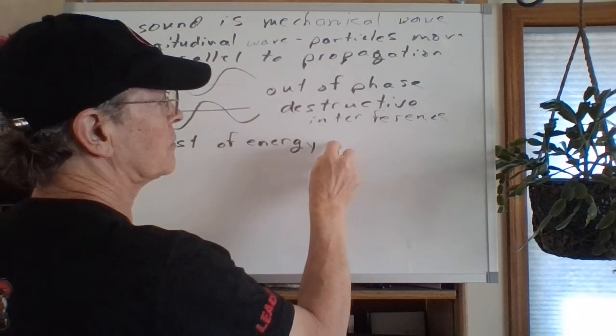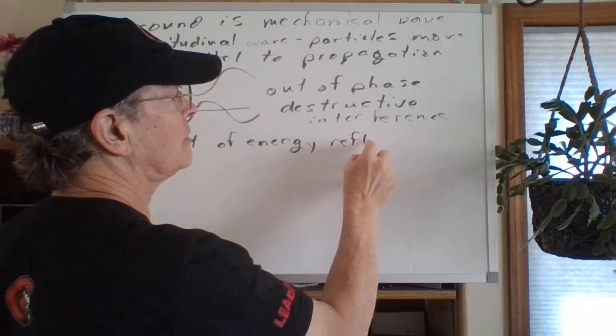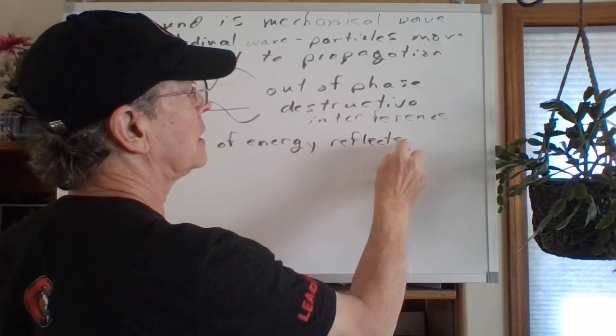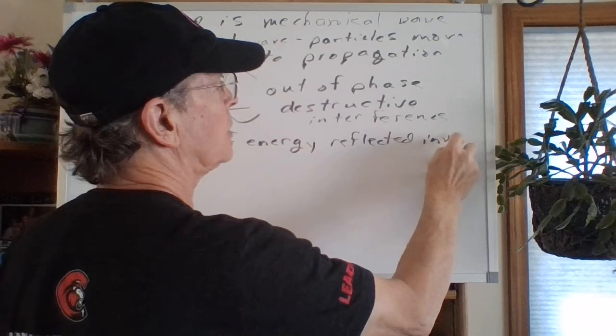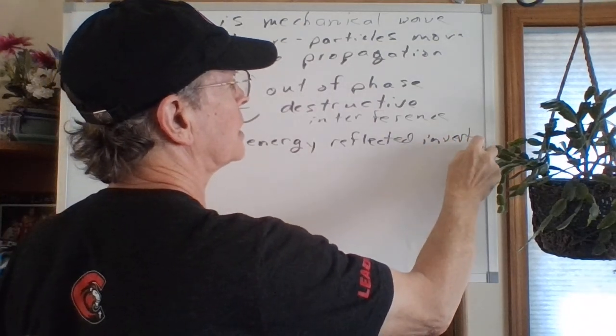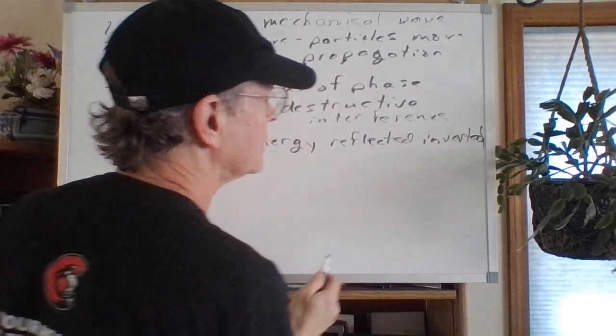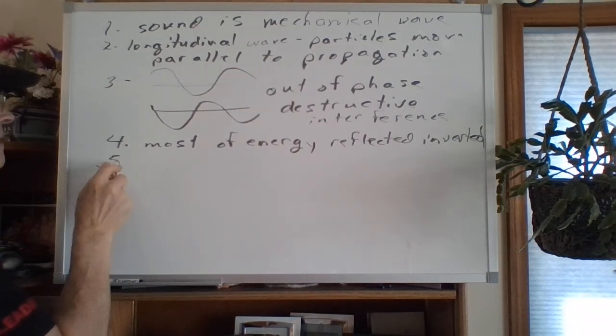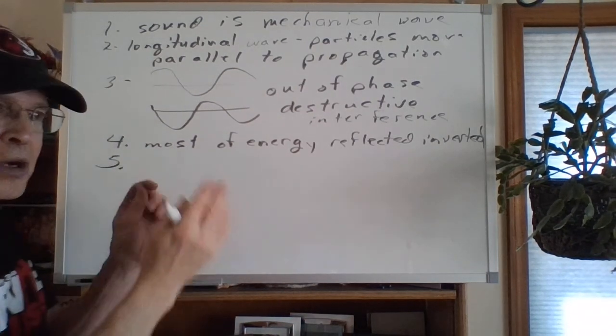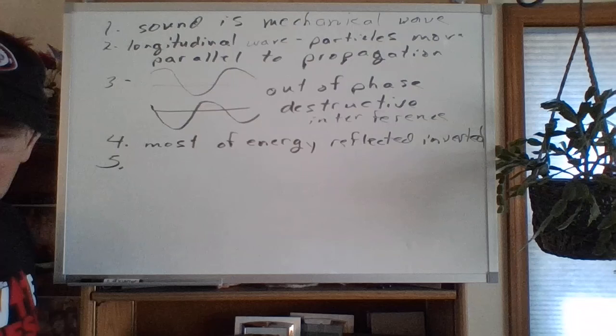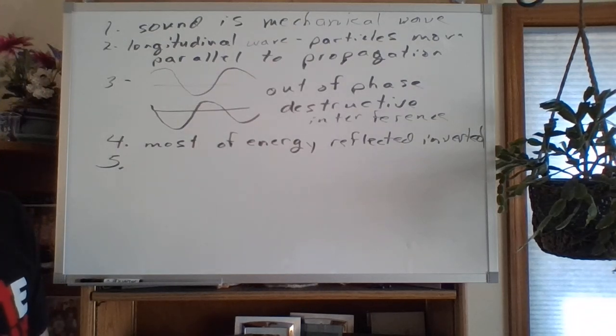Most of the energy is reflected, inverted, upside down. Crests become troughs. Sorry, you can't read that. And troughs become crests. Compressions become rarefactions, and rarefactions become compressions.